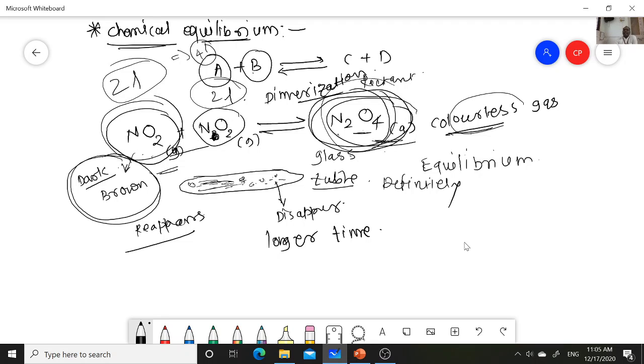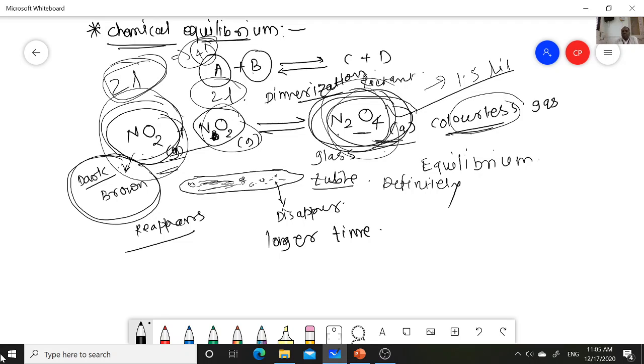After forming the colorless gas, some of this 4 liter is converted into, suppose, 1.5 liter. Again, this 1.5 liter is converting into NO2, and NO2 is converting into N2O4. There is the equilibrium. We can say that there is a formation of product as well as reactant, right?